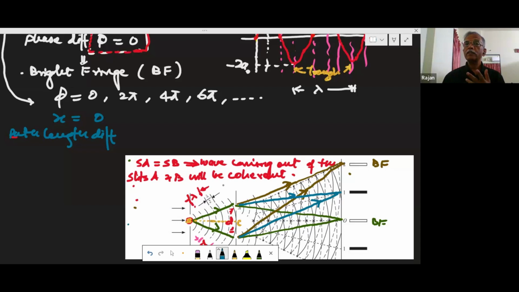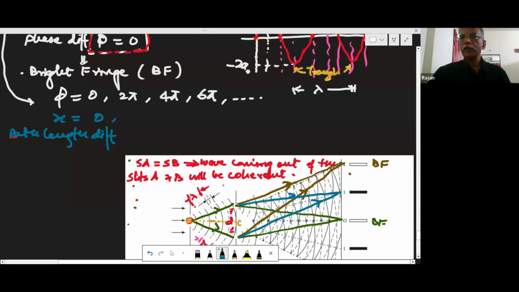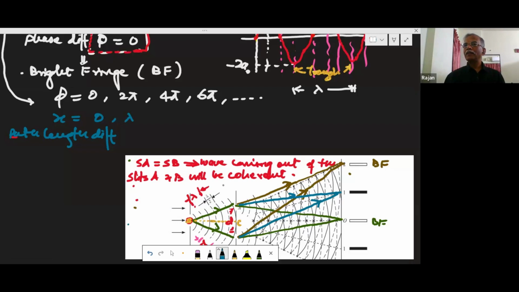Now, the next one, where is the bright fringe? It will be corresponding to 2 pi. The wave diagram also we had seen 2 pi. After that, again, constructive interference. In terms of the path length difference, how much should it be? 2 pi means lambda, correct? So the 2 on either side corresponds to a path length difference of lambda.